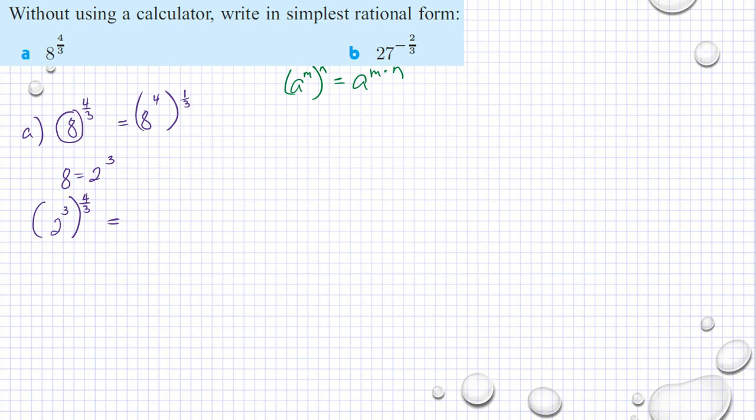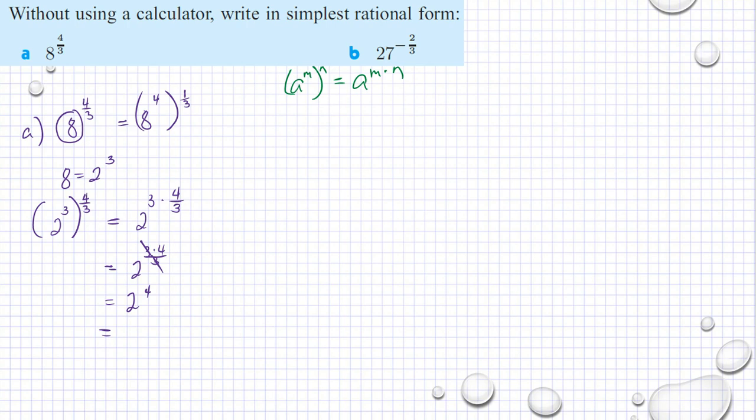That is what we're going to do here. So we have 2 raised to 3 multiplied by 4 divided by 3. Then we have 2 raised to 3 multiplied by 4 divided by 3, and this will be 1. Then we have 2 raised to 4. And then you can find the product of that. 2 raised to 4 is 16.